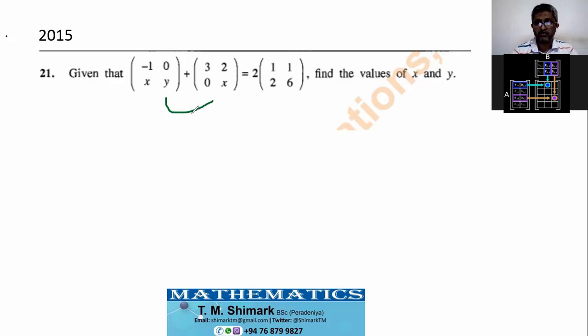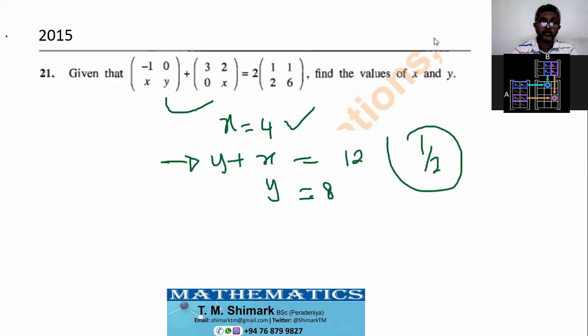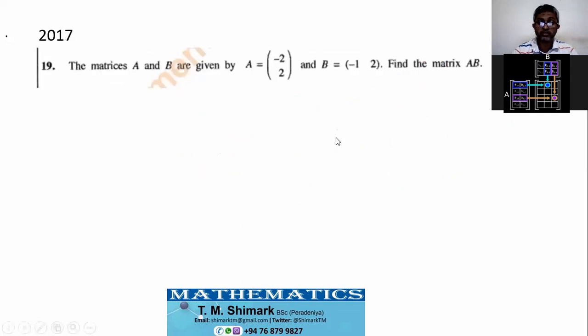It's very simple. Only you will have to go through the equations. Can we find the answers? X equals 4 is correct. Y equals Y plus X, 12, yes. Y is 8, right?